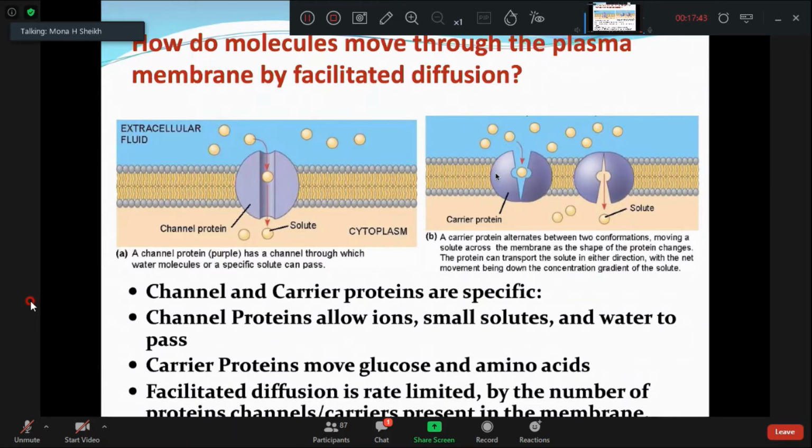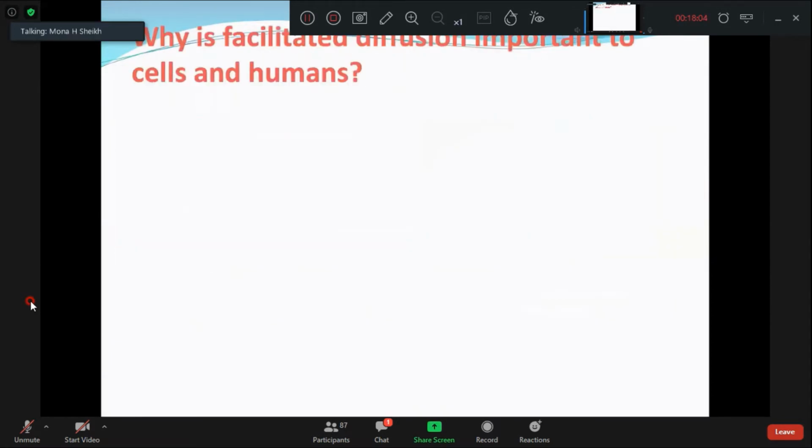Some cells will have less carrier proteins, and so it is for channels. So I have control over how much I can have by facilitated diffusion. Do I have control over simple diffusion? No, it just goes directly through the cell membrane. So this is the advantage of facilitated diffusion: I can control it.